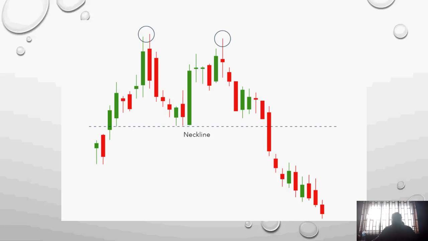All right. Now the next one is called double top. Remember, we are trading it the same way. The height from the head to the neckline is your target in the case of the head and shoulders. But for the double top, price is making an uptrending market, coming back to this place and trying to make a higher high.